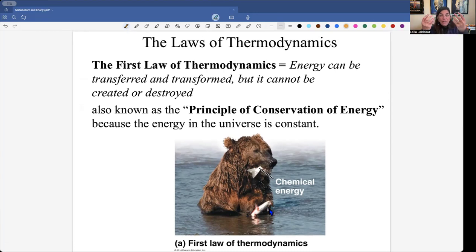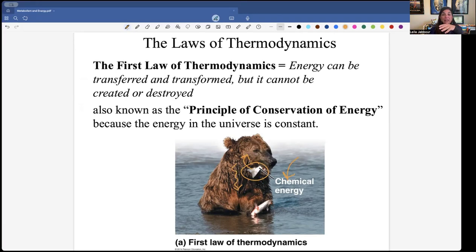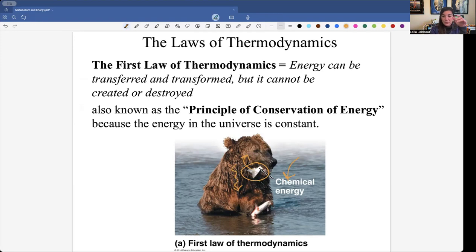So this flesh is going to be eaten by the organism eating the fish. And when you eat food, your digestive system breaks it down to get the energy out of it for your own cells. So this chemical energy that's in the fish right here is being consumed by the bear, and it's going to go down its digestive system, and then the molecules are going to be broken down, and that energy is going to be released, and it's going to be used by the cells in the bear.